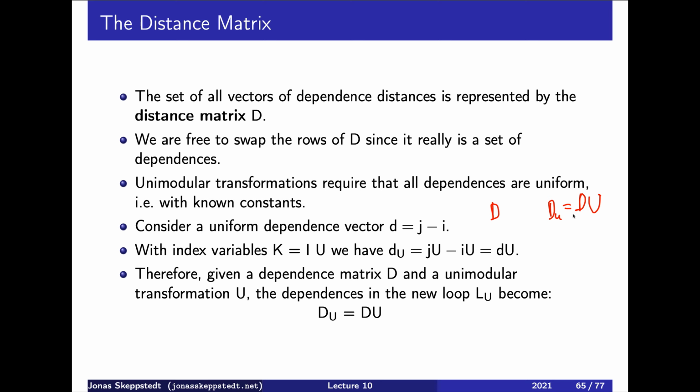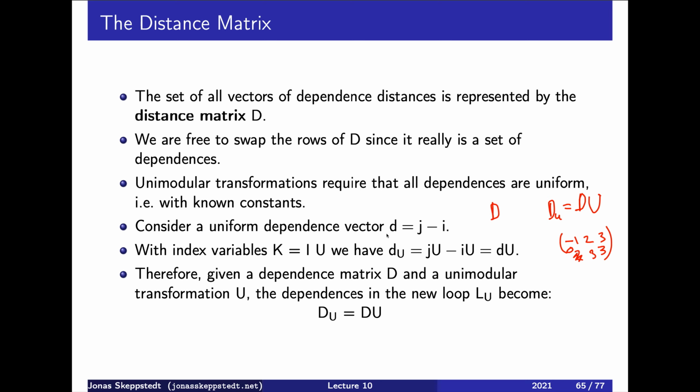And if any row in this matrix would have a leading non-zero that is negative, say just one, it should be zero, but something like that, it means the compiler is broken, because it has created a new loop nest that executes the iterations in the wrong order.